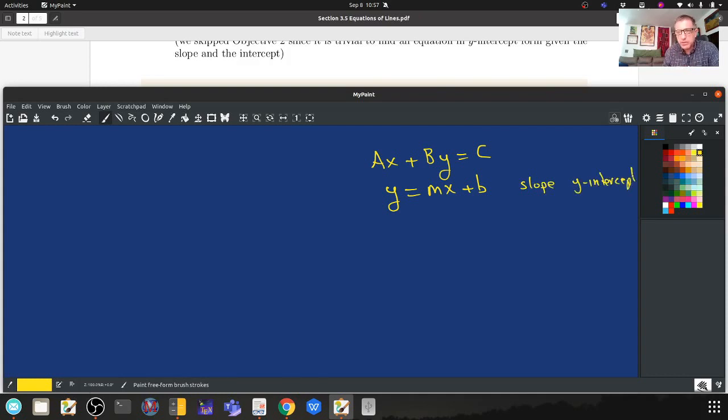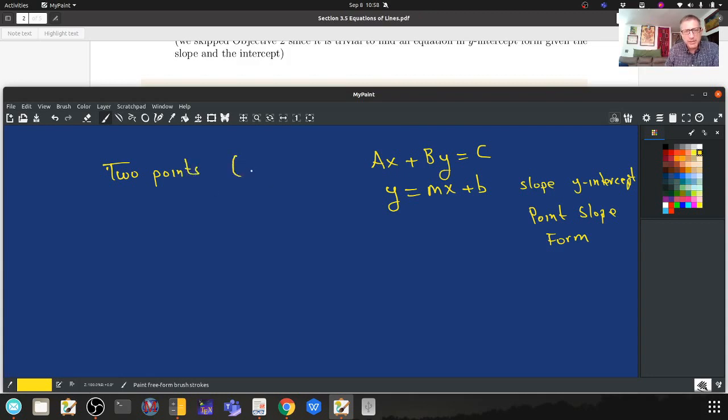And the next one we're going to do is going to be called the point slope form. So if we're given 2 points, let's start with 2 generic points.